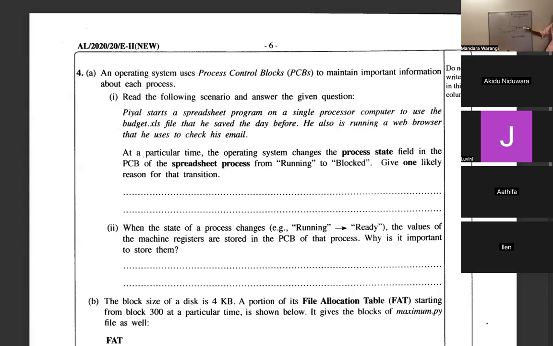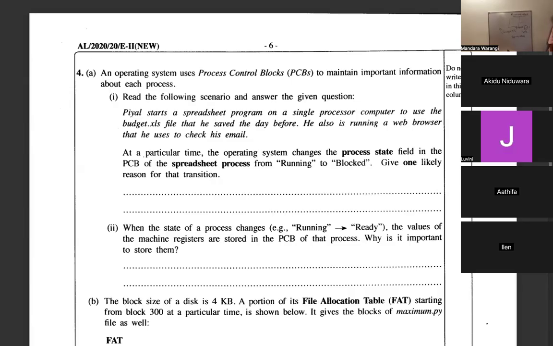So this searching on the web stops. That is also running, then it blocks. Or he was searching for an email, and then he found that email and now he is only reading. So that changed from running to block. You can give such a situation.